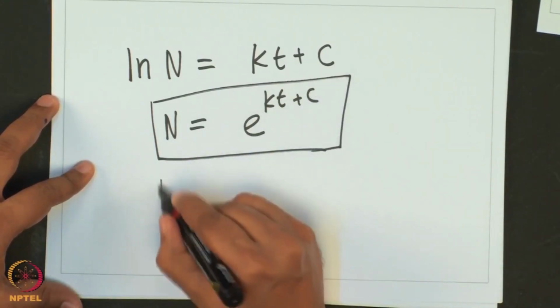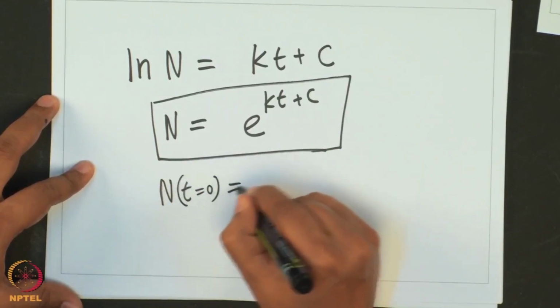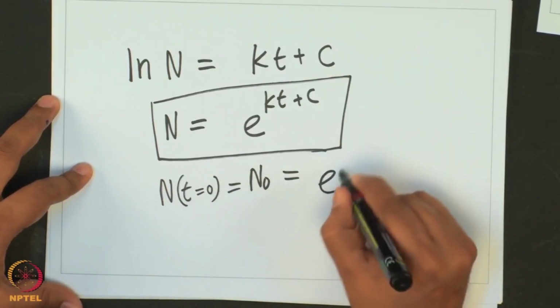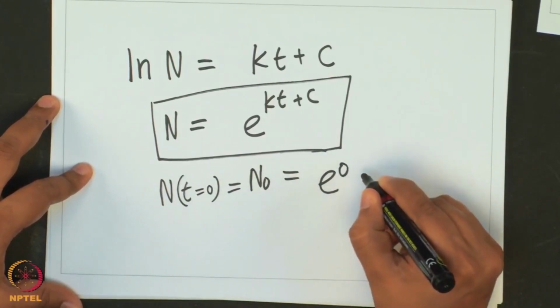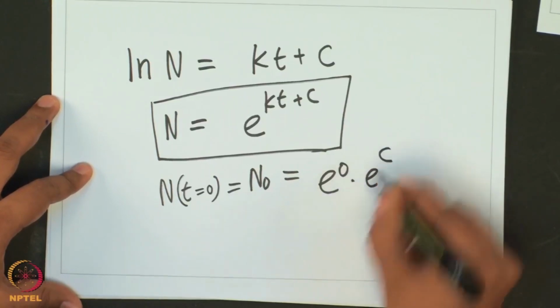How do we get c now? If I take n at t equal to 0, and call it n0, which is e power 0 times e power c.